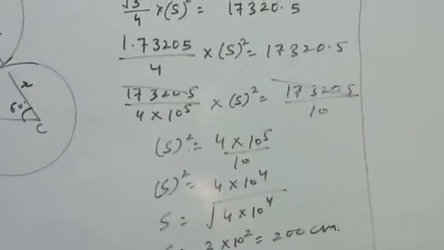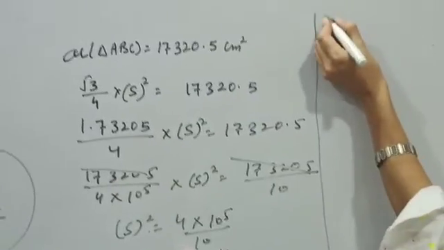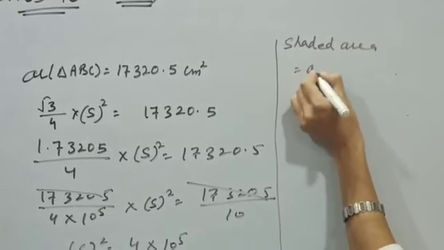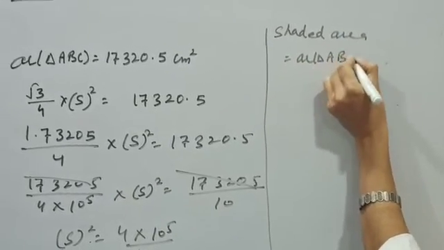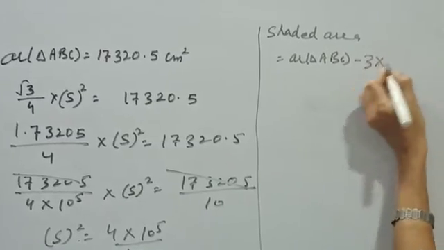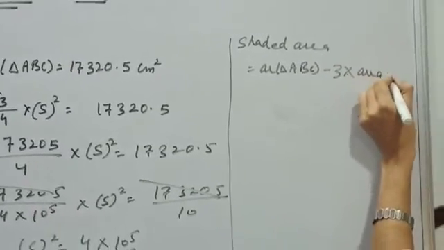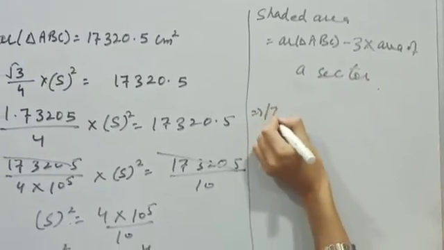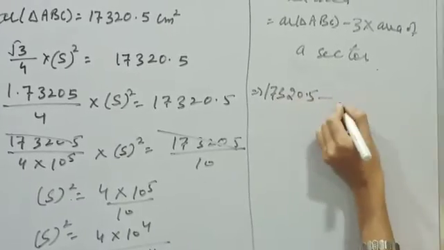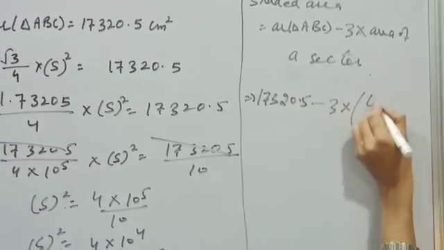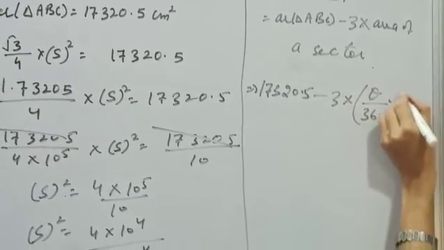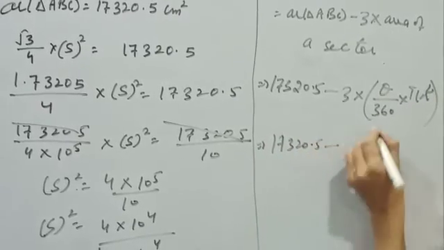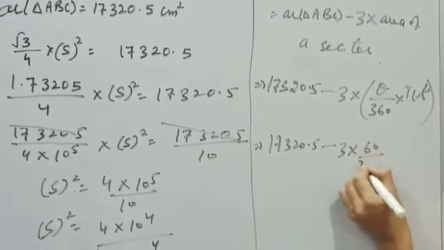Okay. Now we have to find out the shaded area. Then we will write here shaded area is equal to area of triangle ABC minus 3 times area of a sector. So this value is given to us, minus 3 times sector area, which is equal to theta upon 360 multiplied by pi r square, which is equal to, you can see here 3 into 60 upon 360.